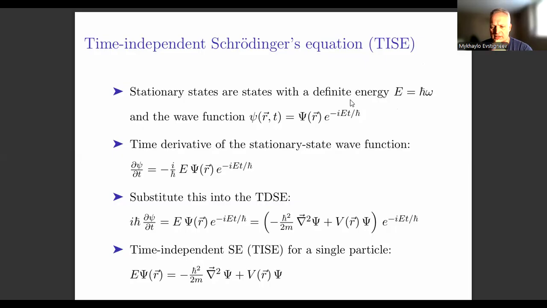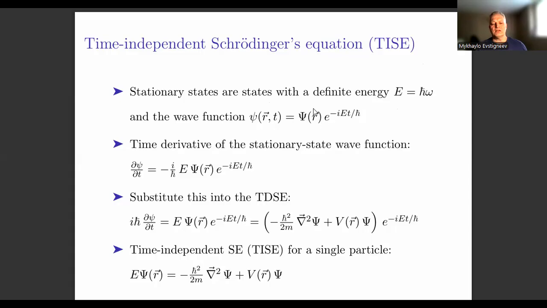The time independence of the probability density in a stationary state follows from the fact that the exponential raised to the power imaginary unit times any real-valued number has unit modulus.